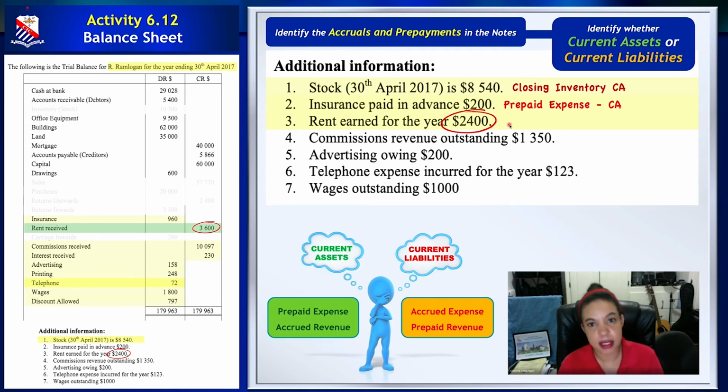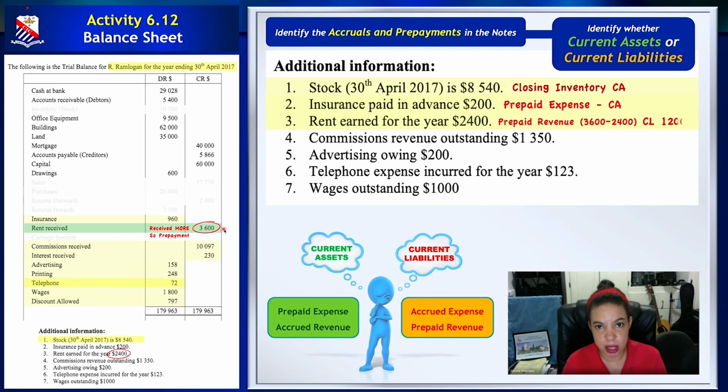So what exactly does that mean? It means that we received more. And if we received more, that means that we have a prepayment. See how easy? So it's a prepaid revenue because it's rent received and earned. So we have a prepaid revenue. And what is a prepaid revenue? It is a current liability because we have not earned it as yet. So unearned revenue, it's a current liability.